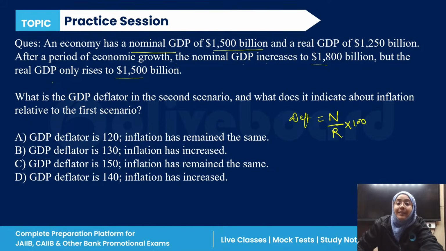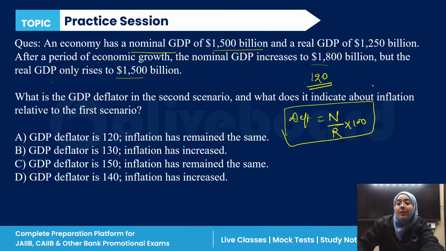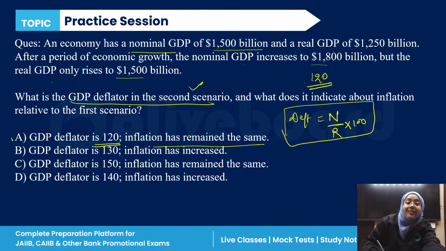If we calculate the GDP deflator by this formula, in both the scenarios it is coming to 120. So the GDP deflator in the second scenario is also 120. It means that the inflation has remained the same.